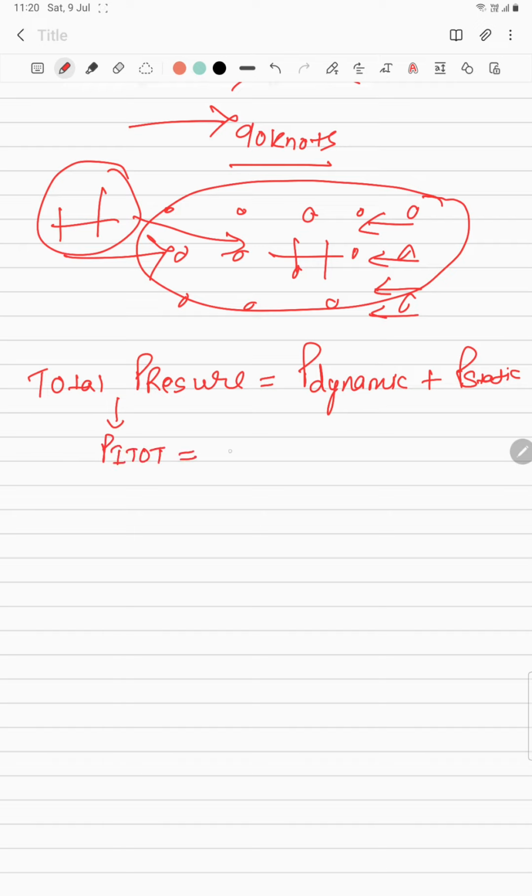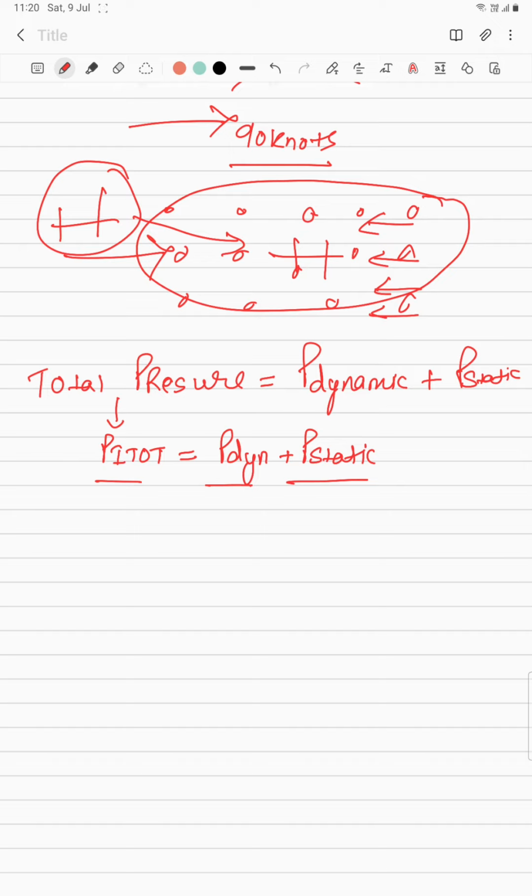So what is Pitot pressure? Dynamic pressure plus static pressure is known as your Pitot pressure. So far we have studied three kinds of pressure: the Pitot, the dynamic, and the static. We have understood the definition of all three types of pressure.